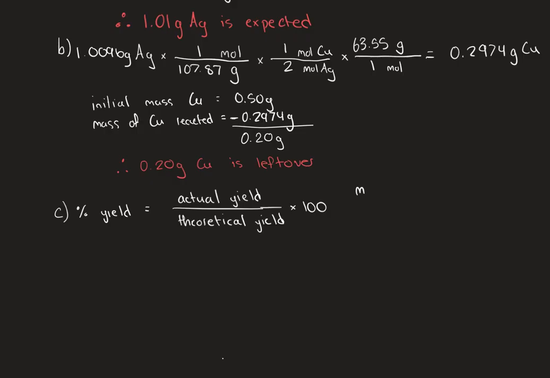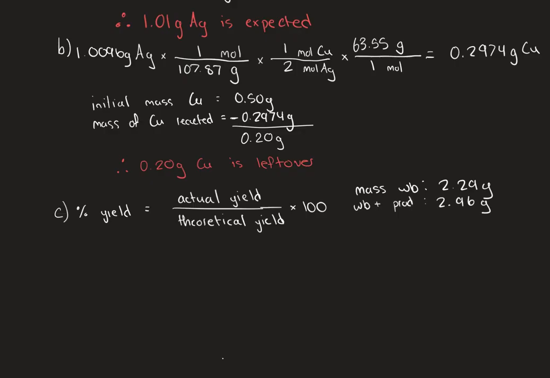And the mass of the weigh boat was 2.29 grams. Then I scraped the silver metal from the filter paper that I used in class into the weigh boat and got a mass. So the mass of the weigh boat plus product was equal to 2.96 grams.